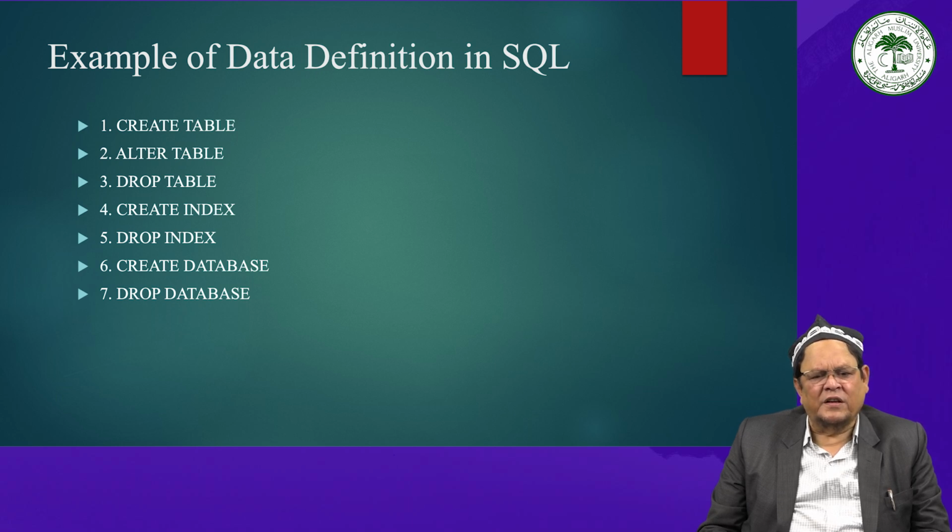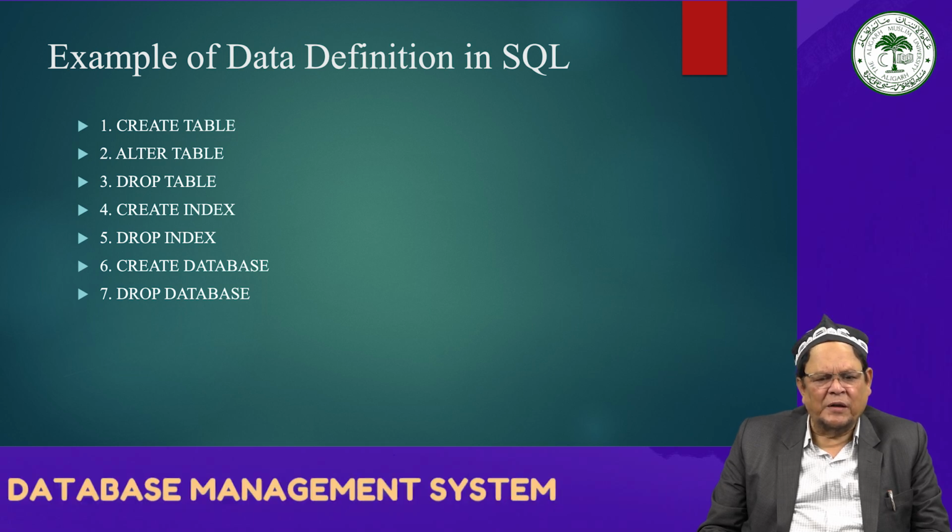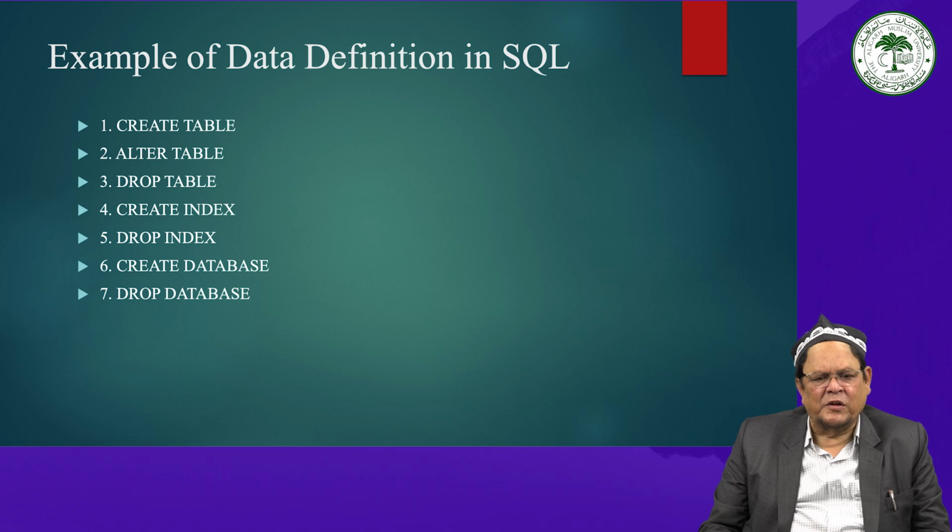With commands like create table, we can define the structure of our table, specifying column names and data types. Alter table enables us to make changes to existing tables, while drop table allows us to remove them entirely. Similarly, commands like create index and drop index will optimize database performance by creating and removing indexes.